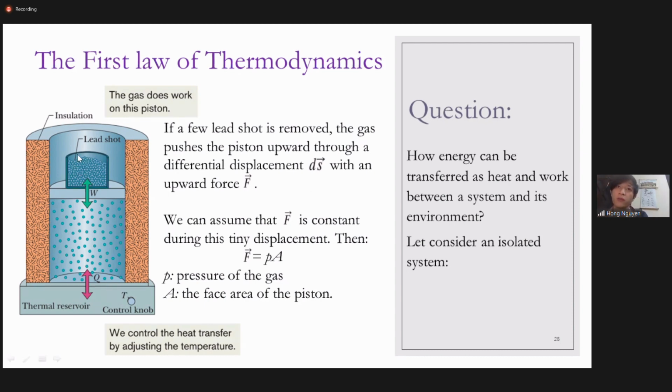Here, if we remove some of them here, then the gas will push the piston upward, right? The gas will push the piston upward through a differential displacement. When we say a differential displacement, ds here, we understand by a very tiny displacement.